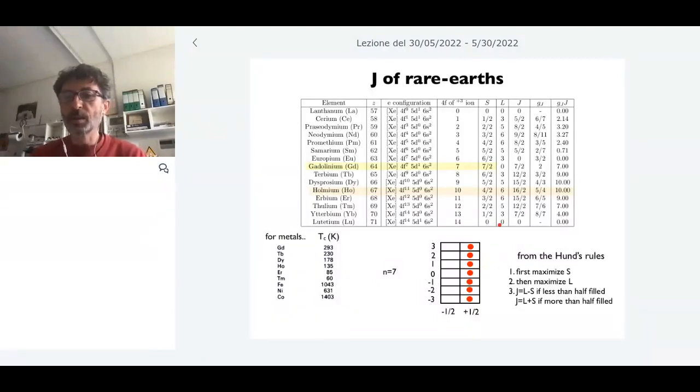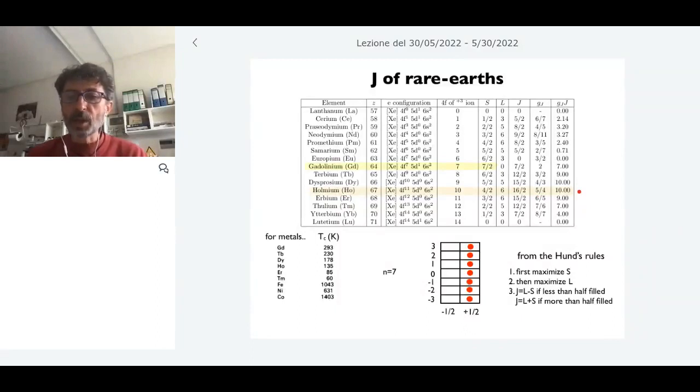You see here 7 electron spins non-compensated. But if we want to see the element with the largest magnetic moment possible, at least in the periodic table, this is holmium. That is the product of gJ times J equal to 10.